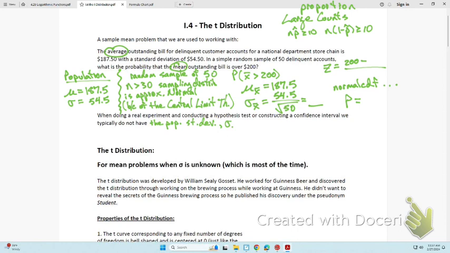Typically we don't have that. Typically, we only have S, the sample standard deviation.